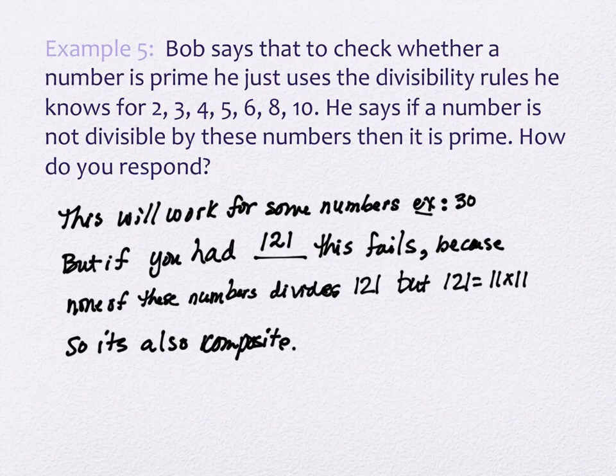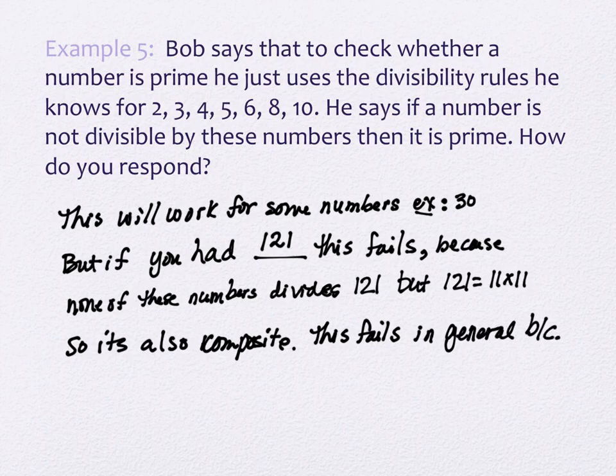So why is this failing? We gave a specific example for why this is not going to work, but why in general is this not going to work? Okay, so that would be true for your example of 121 and my example of 77, Rayleigh.